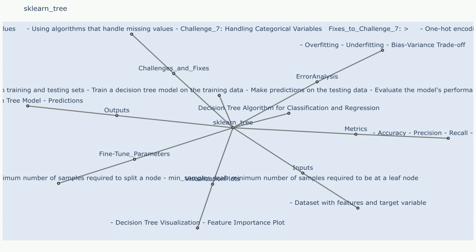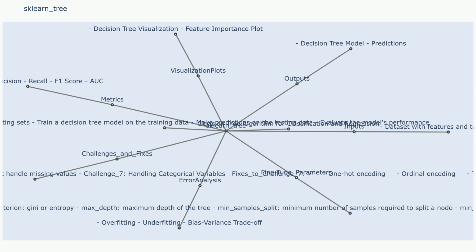Steps. Data preparation: this involves cleaning and pre-processing the data, including handling missing values, transforming categorical features, and scaling numerical features. Tree construction: the algorithm recursively splits the data into subsets based on the feature that best separates the instances into different classes or values of the target variable.